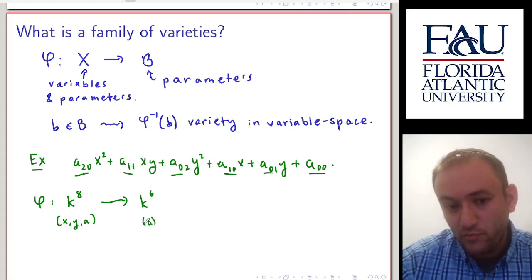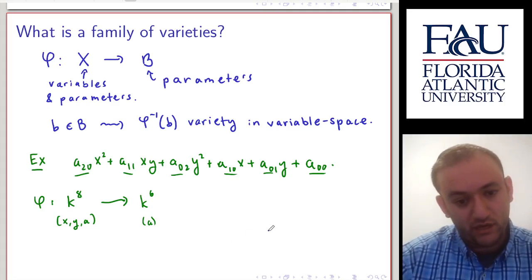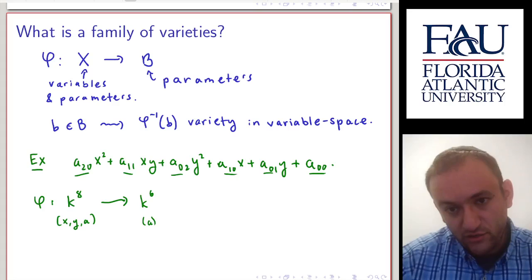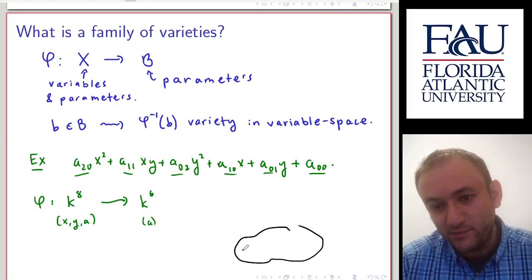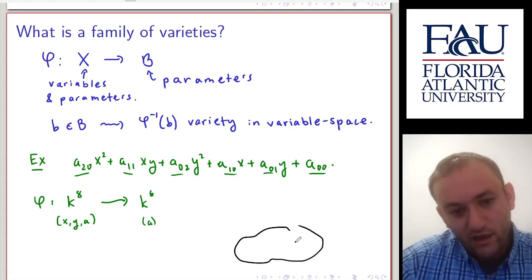And then each point in this K^6 corresponding to a variables will define a variety upstairs in K^8. Okay, so let's draw a picture of what's happening there. So K^6, a complicated space, which I'll represent by this blob.